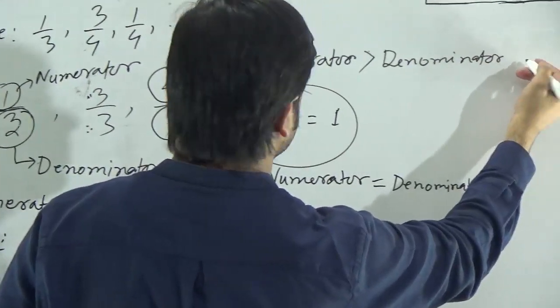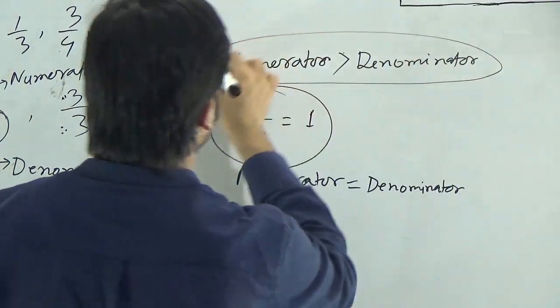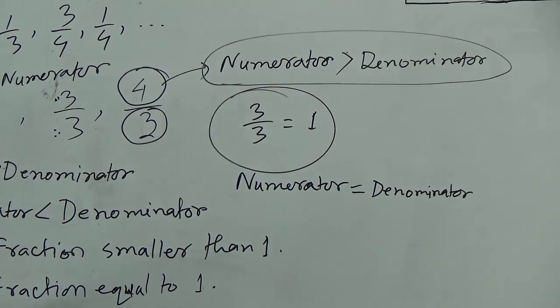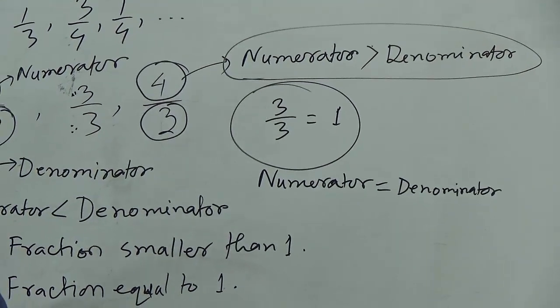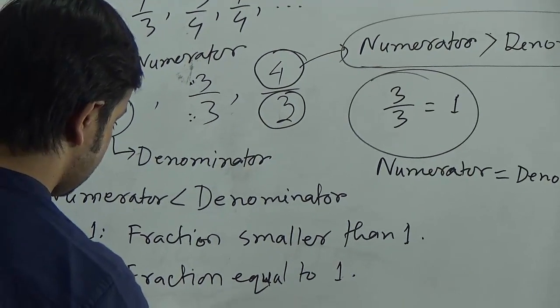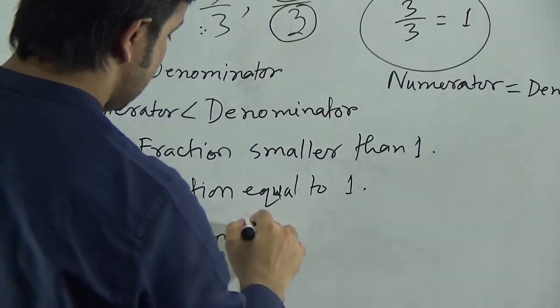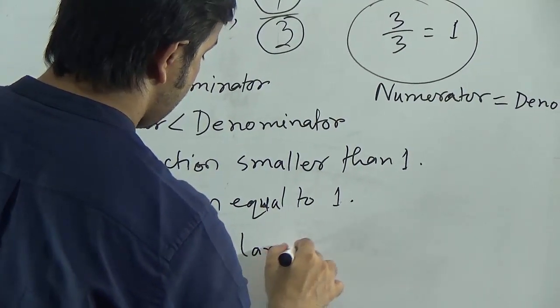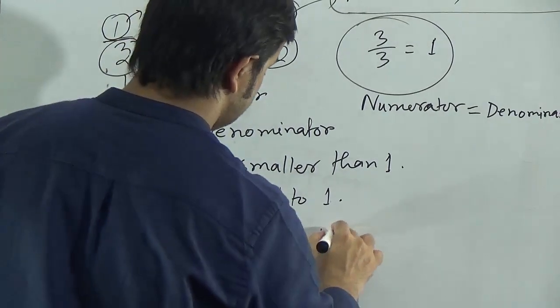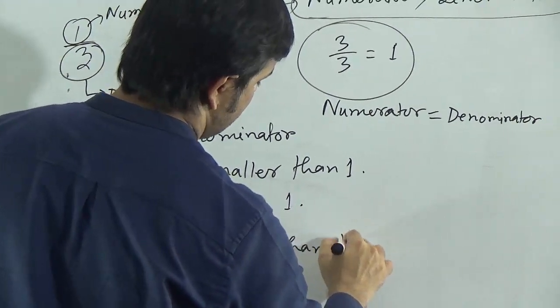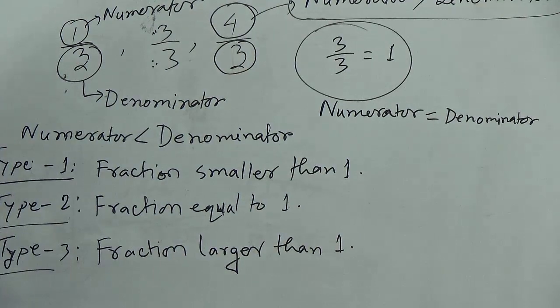In this case, the fraction is known as type 3: fraction larger than 1.